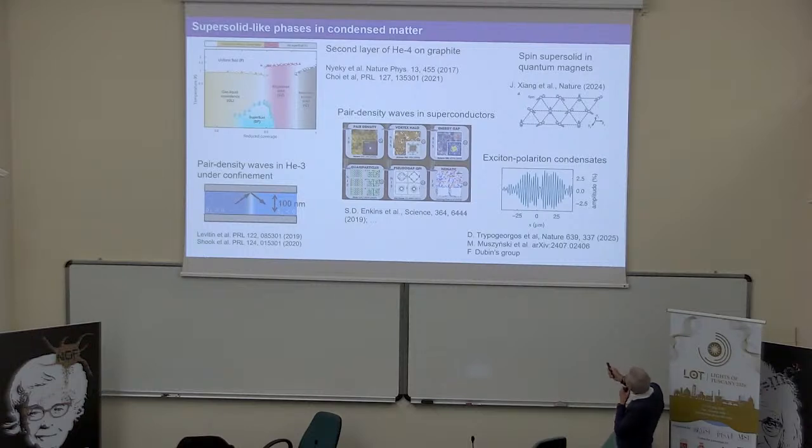There are the exciton-polariton condensates, spin condensates in quantum magnets. Many of these systems show also a spontaneous modulation of the density. And so in principle, they are a supersolid.